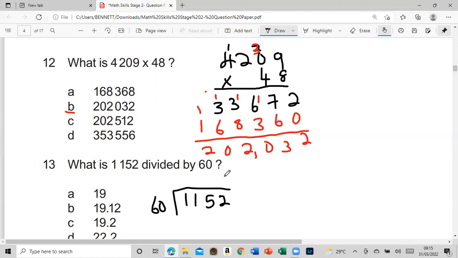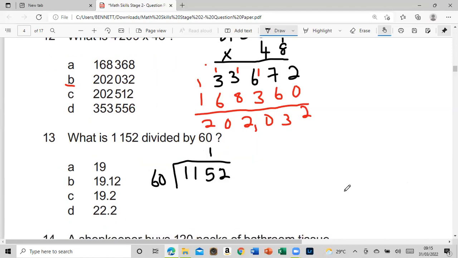No, 1 time. Alright, and then now we say 1 times 6 is 6. So we're going to subtract 60 from 110, 0 from 5, that leaves 5, 6 from 11 leaves 5. So we have 55.